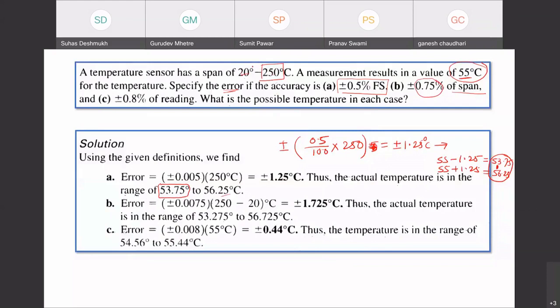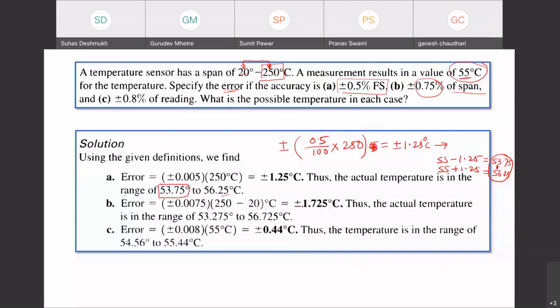My temperature is varying from 20 degrees. I have now taken the difference, 50 minus 20 degrees, into 0.75. I got this much value, that is 1.725.